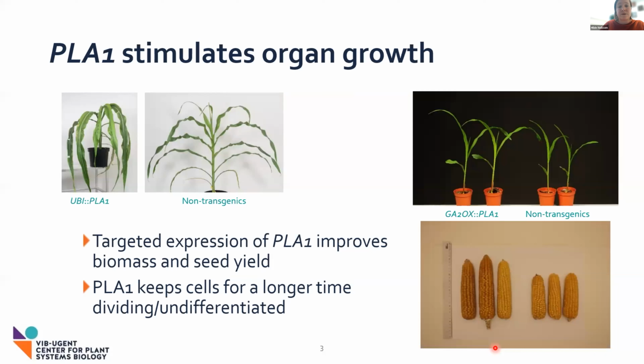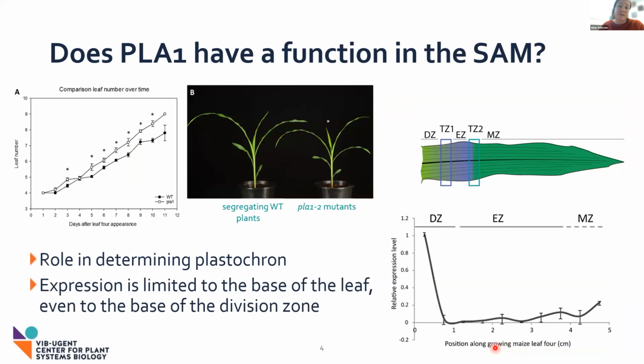On top of that, there were some other clues that we got that also pointed for us towards a role in the shoot apical meristem, besides the possibility that it regulates undifferentiated cells. Plastochron means that it regulates the time between leaves to be formed. As you can see, in this case, this is a knockout mutant of plastochron 1.